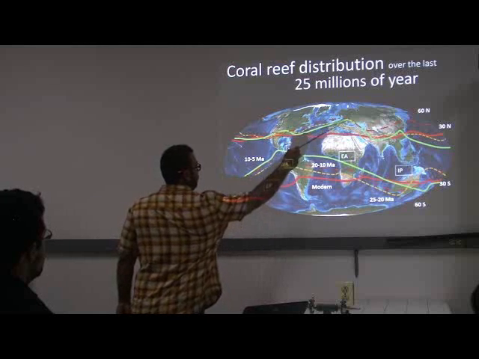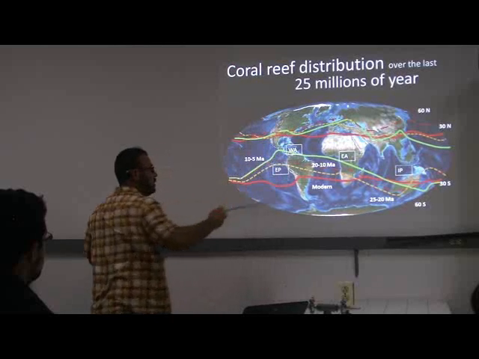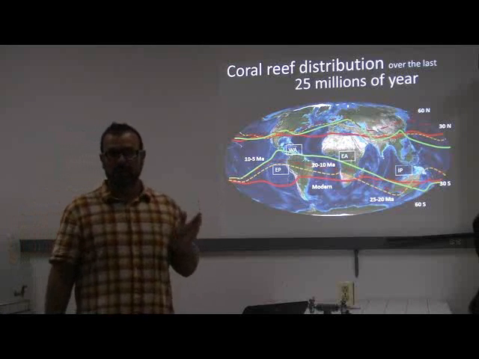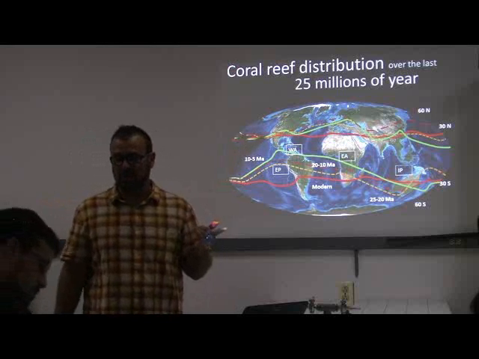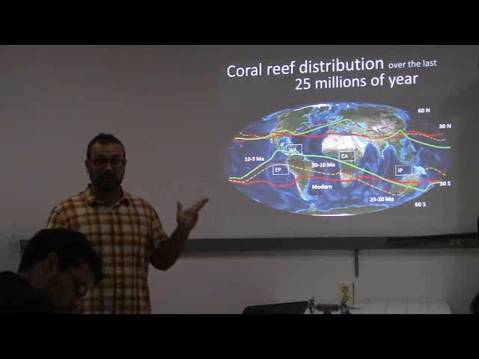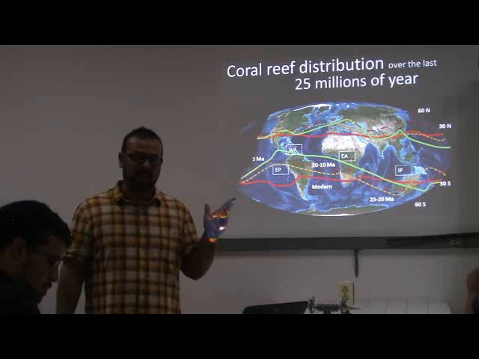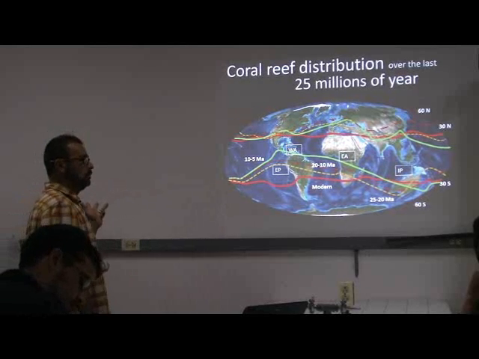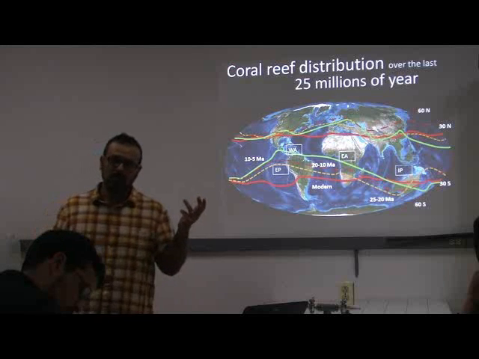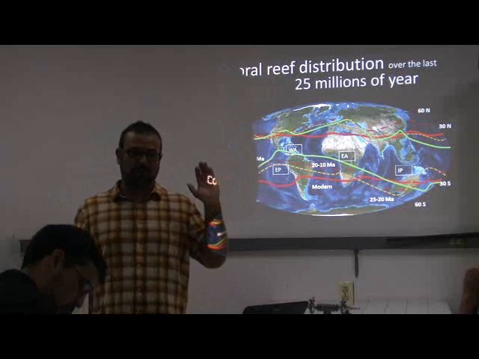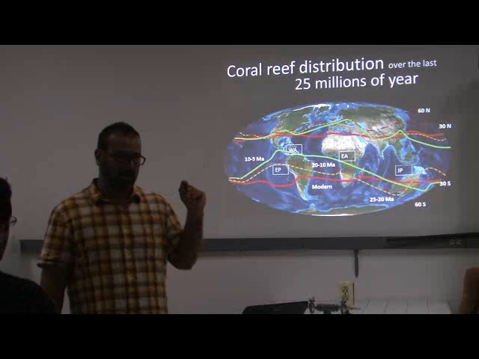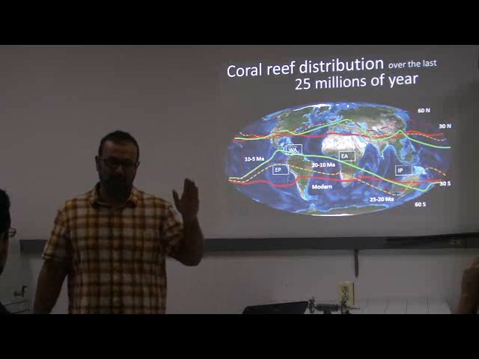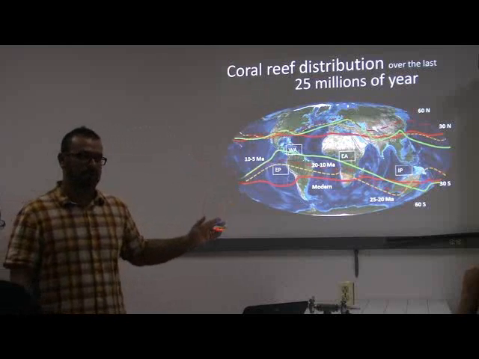And during past times, they have moved upwards or downwards depending on a variety of forces, including plate tectonics, changes in oceanographic patterns, climate change, particularly the glacial and interglacial periods, levels of CO2 in the atmosphere, etc. We are going to discuss that in much more detail in other classes, but bear in mind that there are a lot of processes and forces that have changed the distribution of reefs throughout the evolutionary history of the planet.